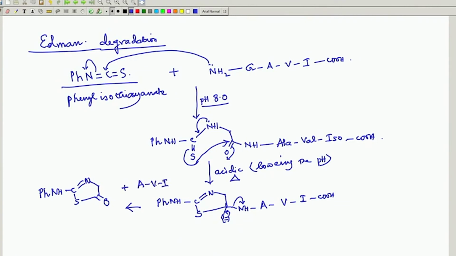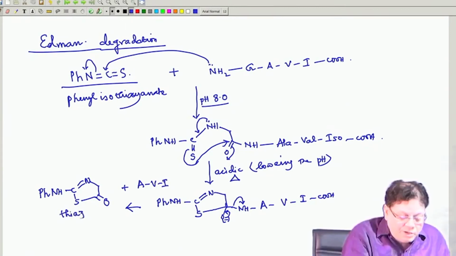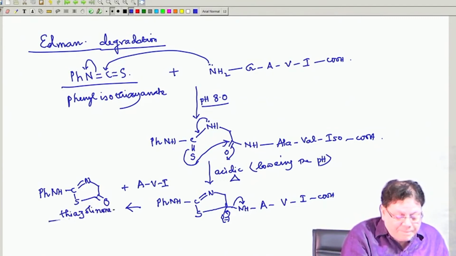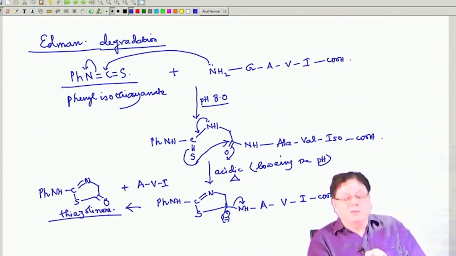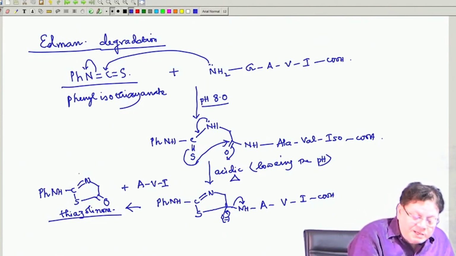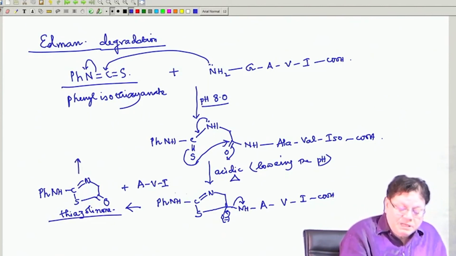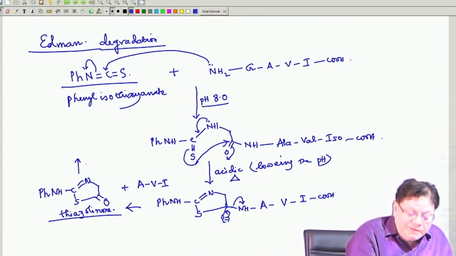Okay. Now, this is what is called thiazolinone derivative. But this is not very stable. Now, it rearranges on further heating under the acidic condition.